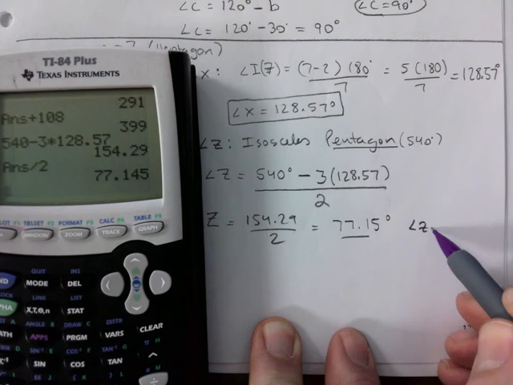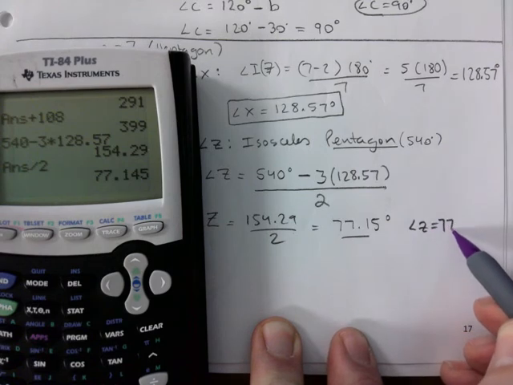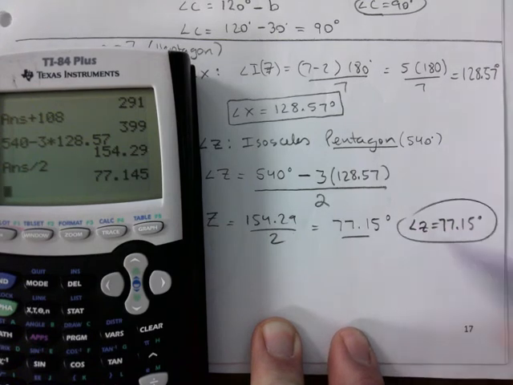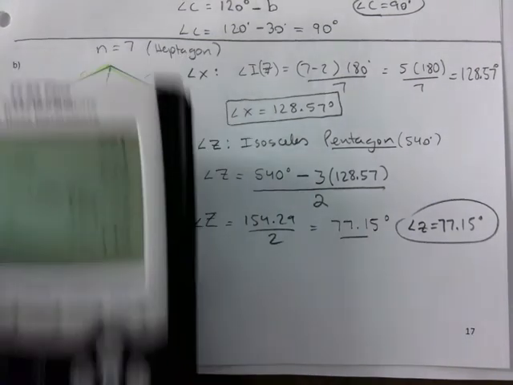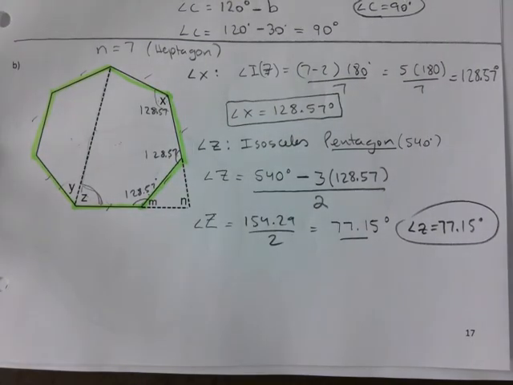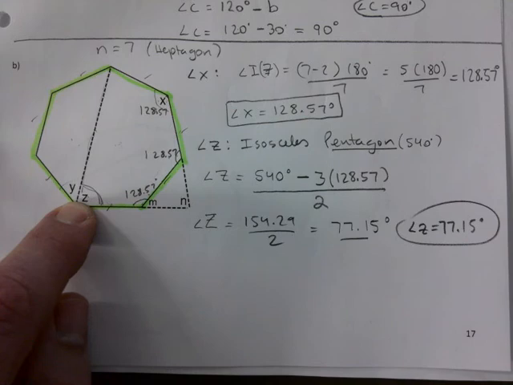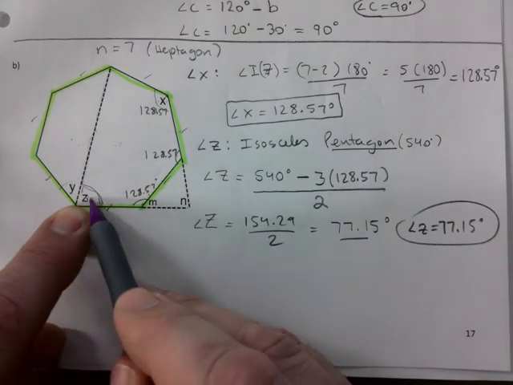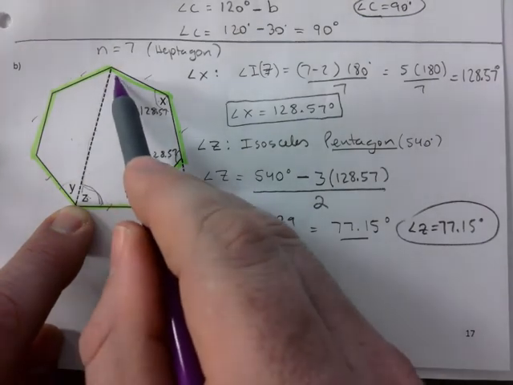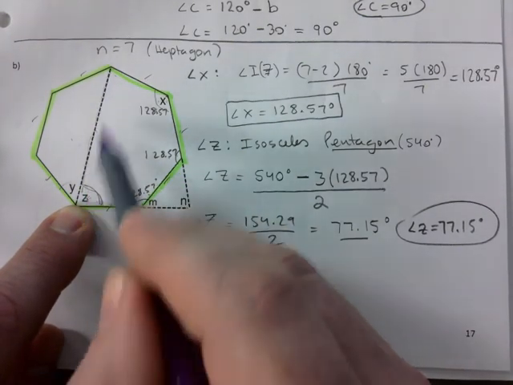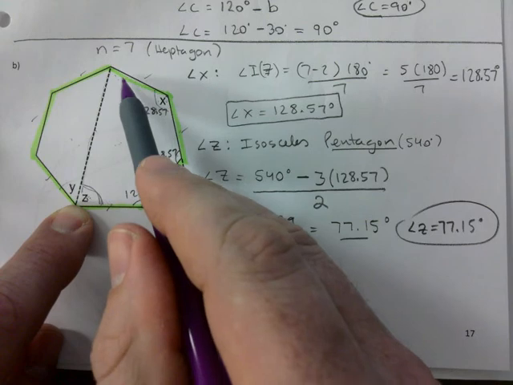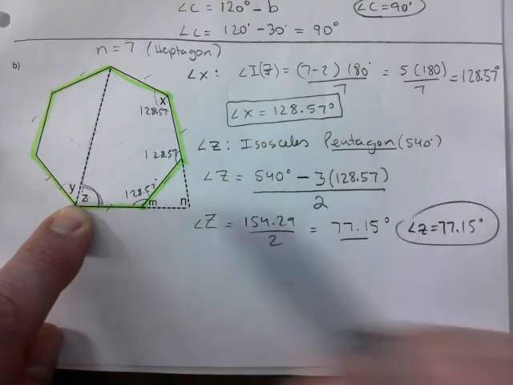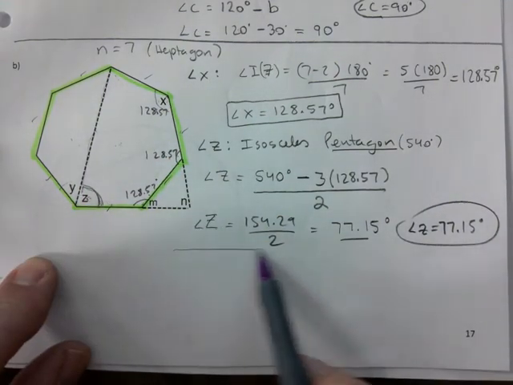So angle Z, I like to have that stated like this, right? 77.15 degrees for this angle right there. By the way, this is 77.15 and that is 77.15. They're both, so you found them both, but it's just asking you for this one, right? So that's that. I'm going to cut that there.